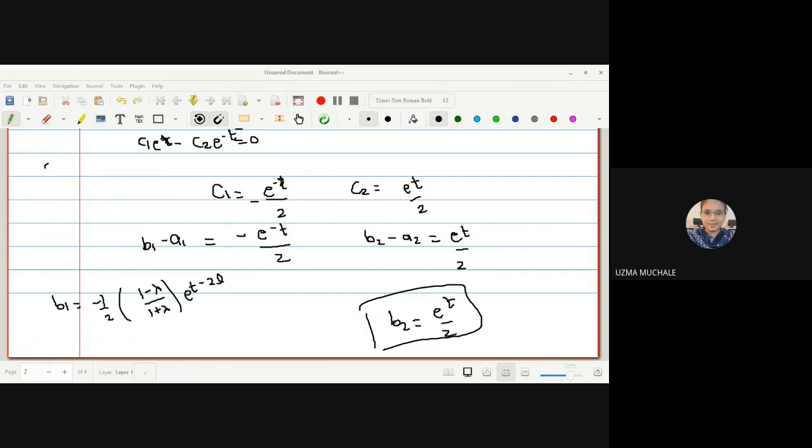Similarly, we get the value of a1, very similar, plus e raised to minus t by 2.